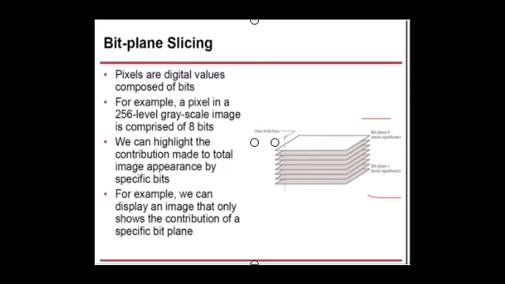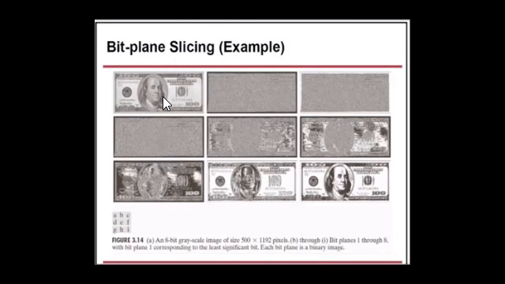For example, we can take any image that we want to display, and it shows the contribution of a specific bit plane. There are numerous bit planes present in every image, but we are concerned about only a specific part of the total image. Let's see this image of an American dollar.